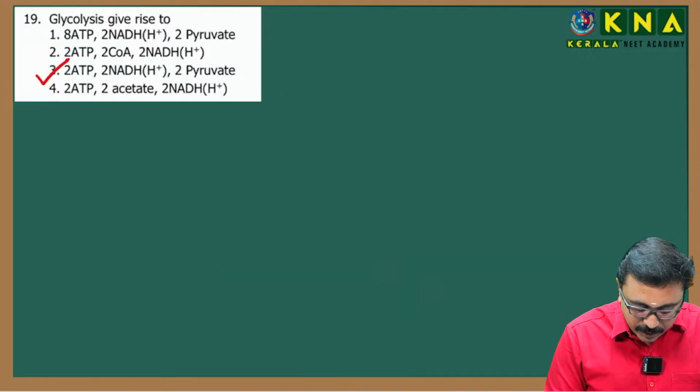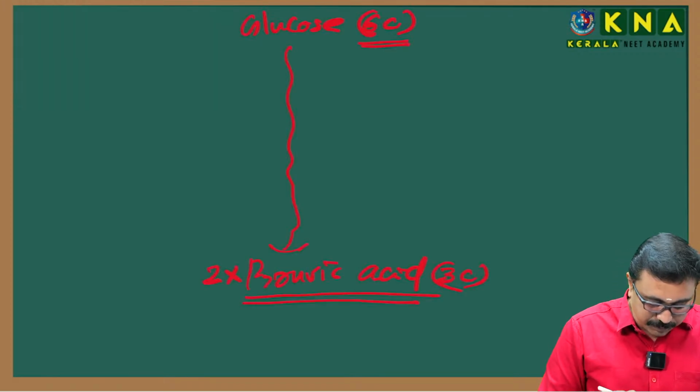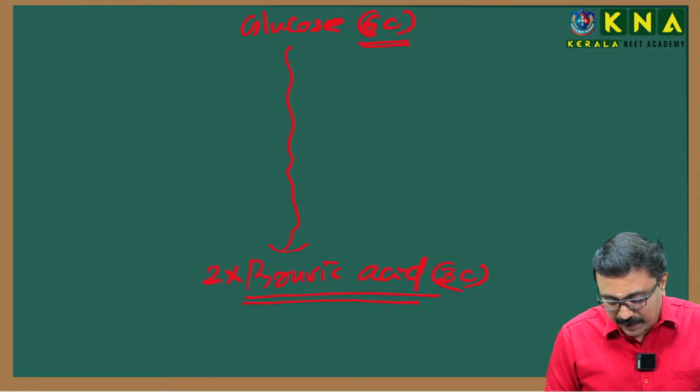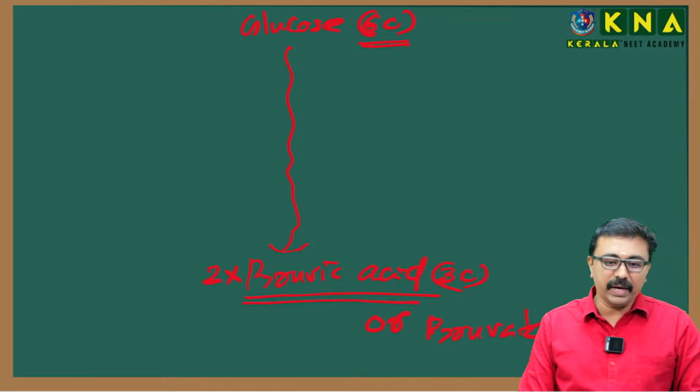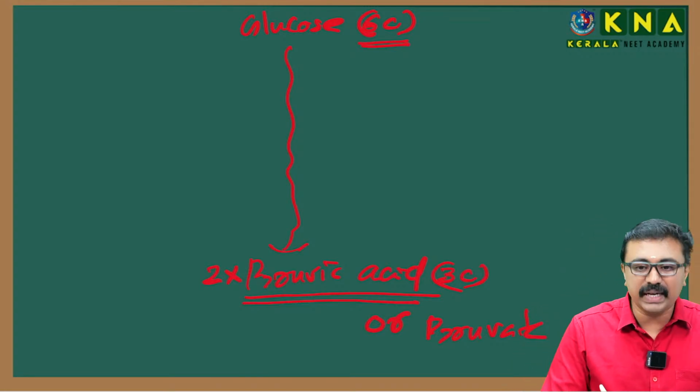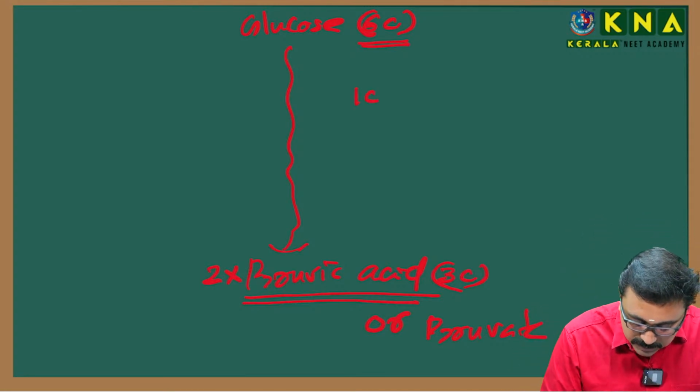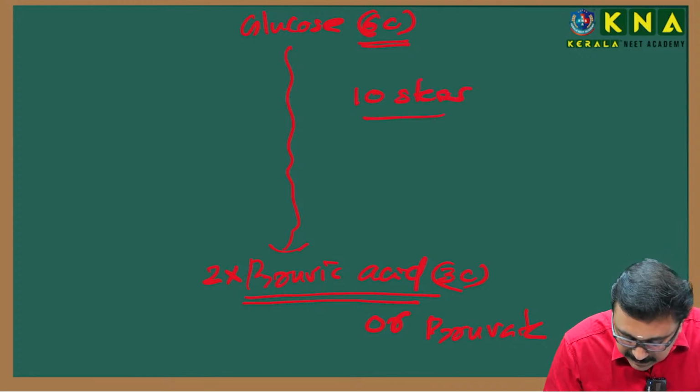How many molecules of pyruvic acid are produced? 2 molecules. Pyruvic acid is also known as pyruvate. Okay, and this is not a single step process. It involves 10 steps.